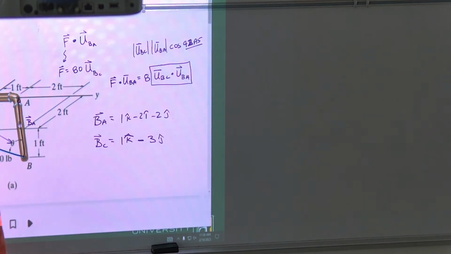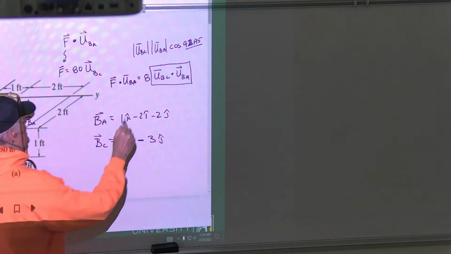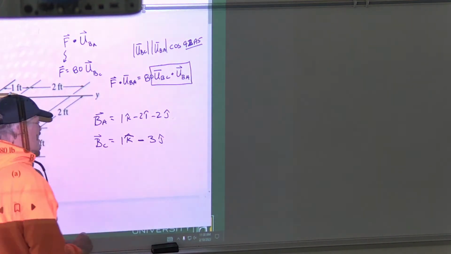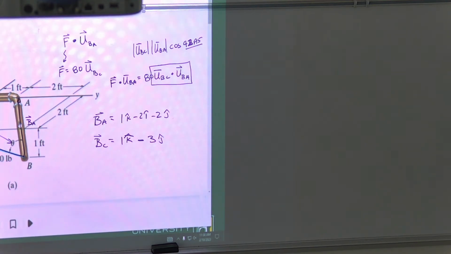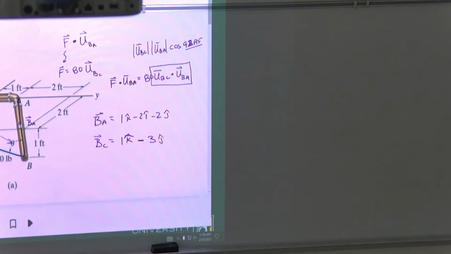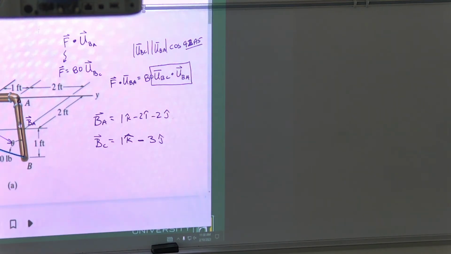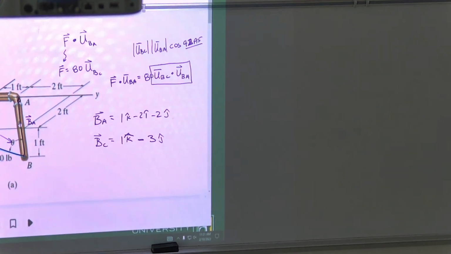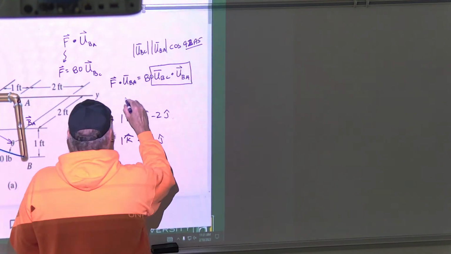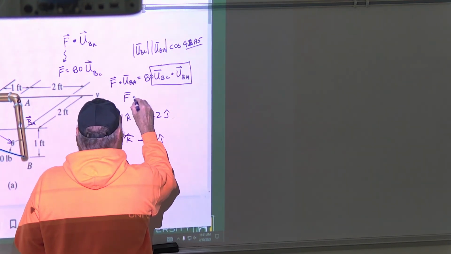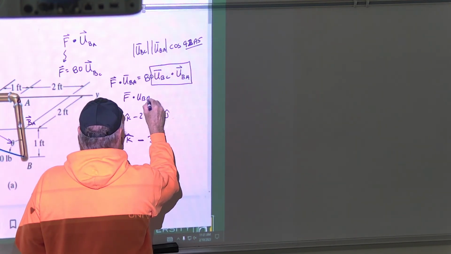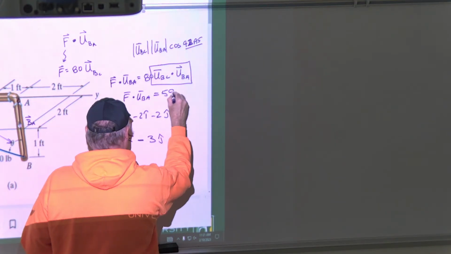So all I've got to do is multiply 80 times the cosine of that 42.5. Let's see if I can get that back up. Which actually becomes 80 times 0.737865, 59.